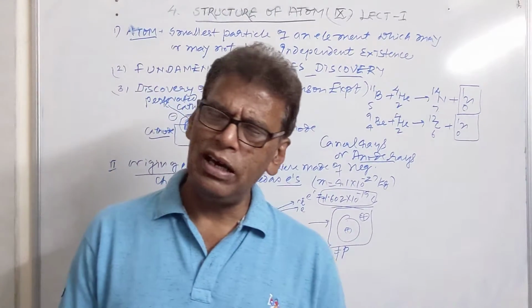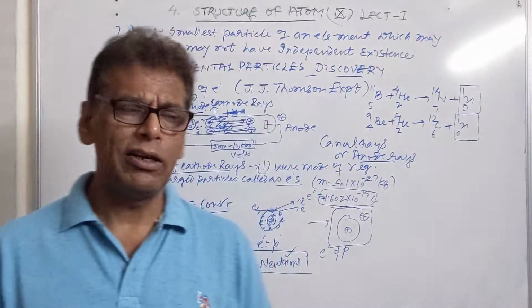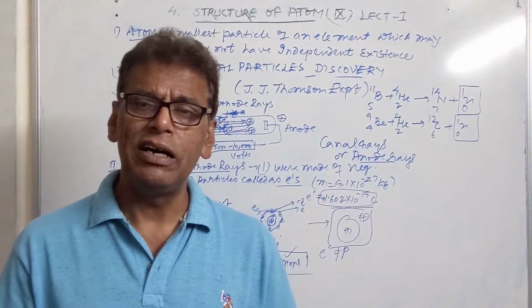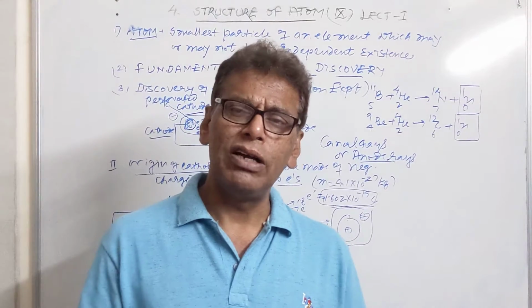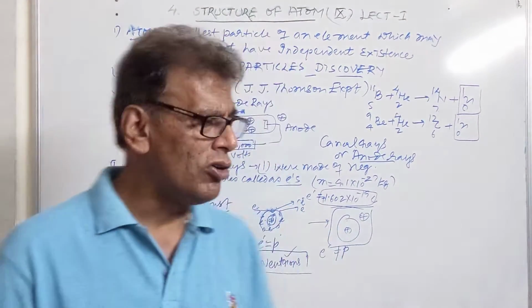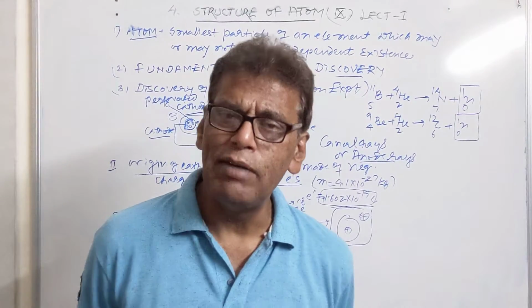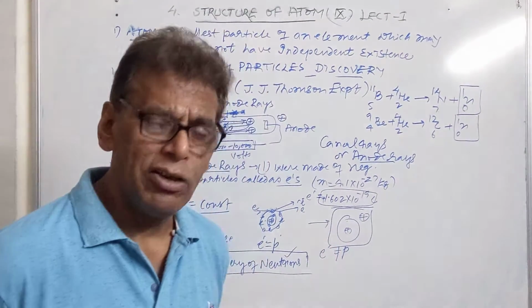From his experiment, he drew the conclusion that there is a dense positively charged center present in the center of the atom, called the nucleus, which contains protons, around which the large space of the atom is empty, in which electrons revolve.